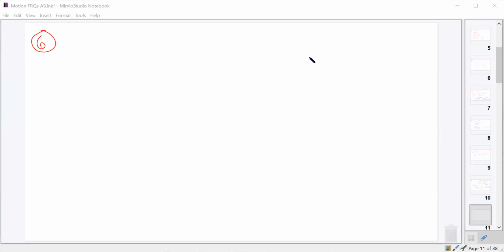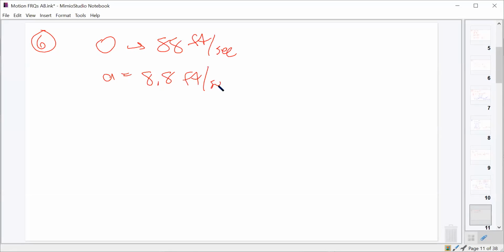They've given us a note that 60 miles an hour is the same as 88 feet per second. So effectively, this thing is going from 0 feet per second to 88 feet per second in 10 seconds, which tells us that if the acceleration is constant, our acceleration is 8.8 feet per second squared.